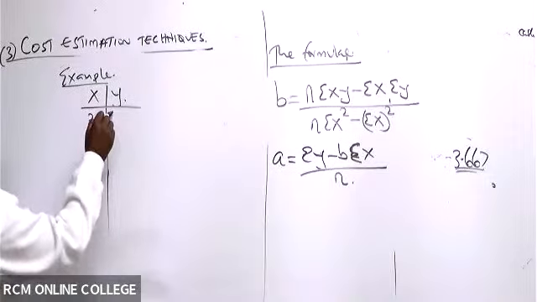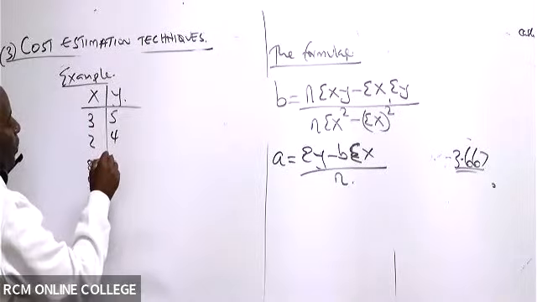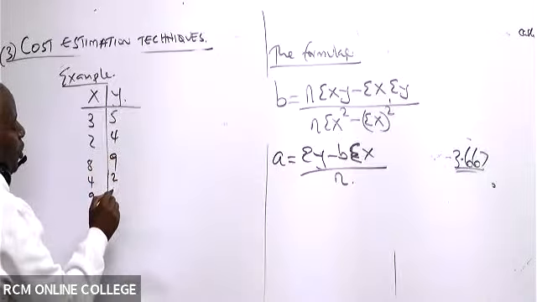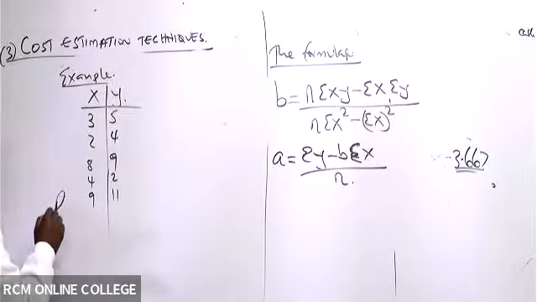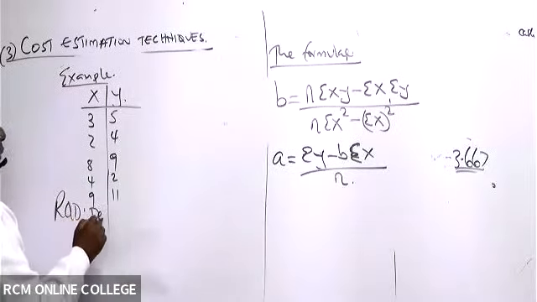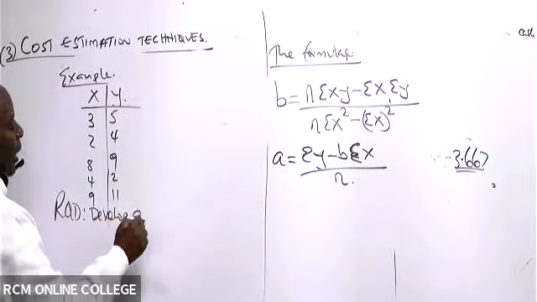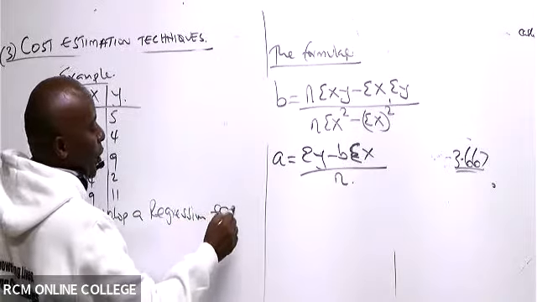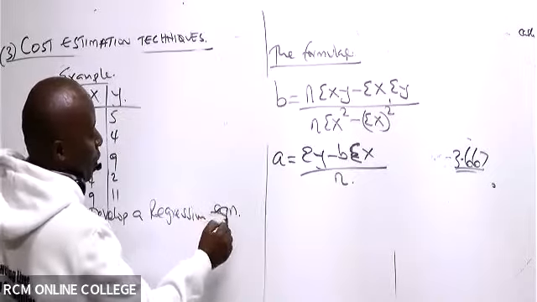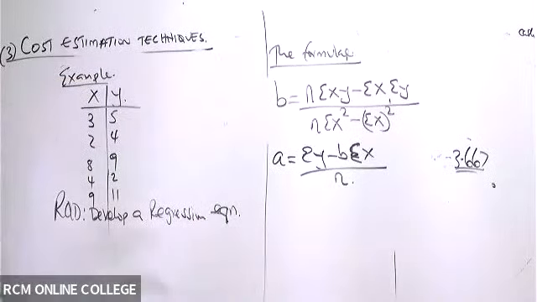Maybe you're given here like 5, 4, 9, 2, and maybe 11. And then we are required to develop not a high-low, but a regression equation.